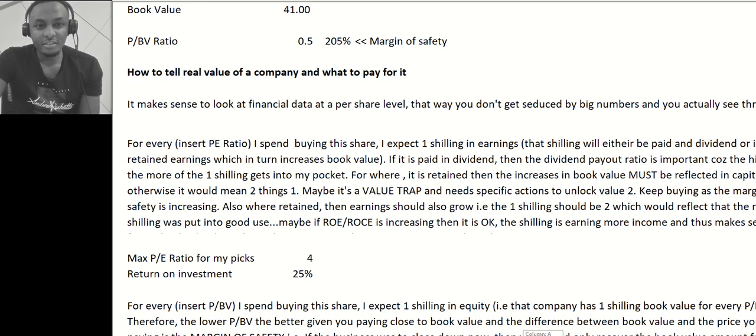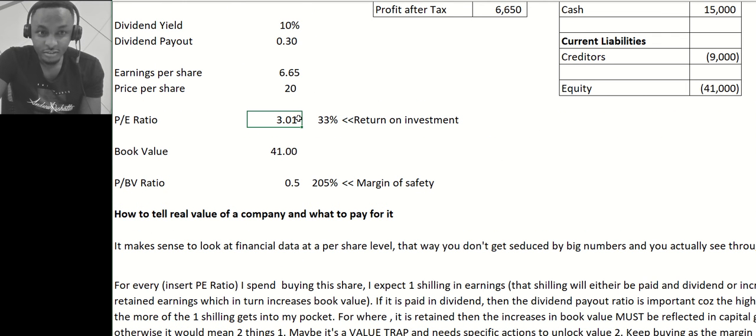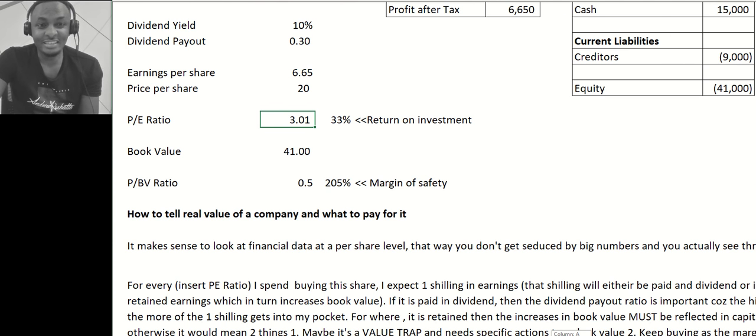For every, in this case, 3 shillings that I spend buying this share, I expect 1 shilling in earnings. That shilling can be paid either in dividends, or it can increase retained earnings, which increases the book value.